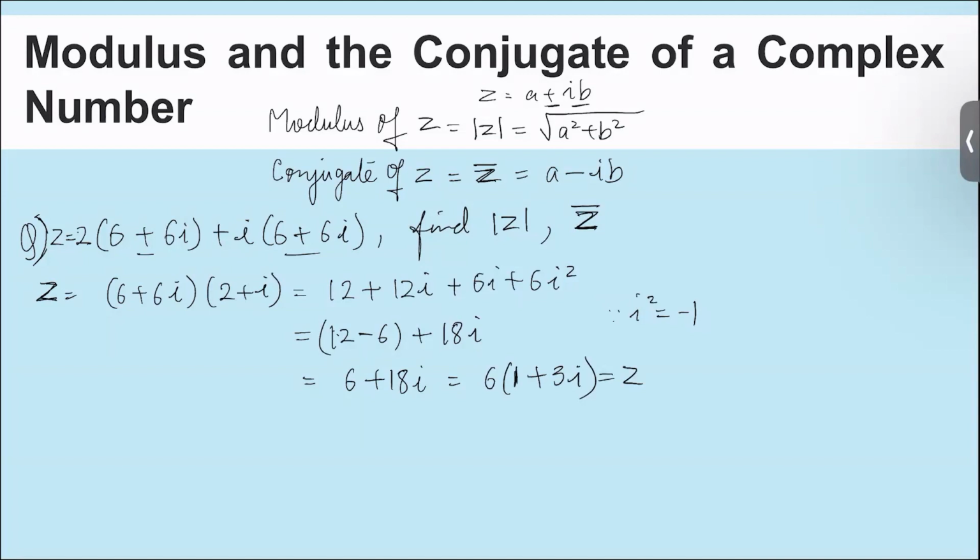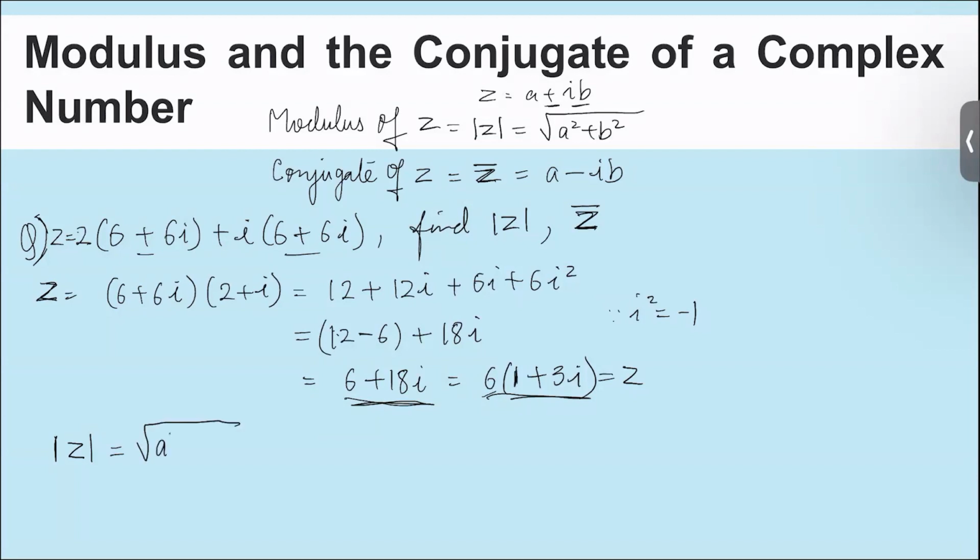Now, when we want to find the modulus of z, you can see that we have taken 6 outside. So either you find the modulus of this or this.